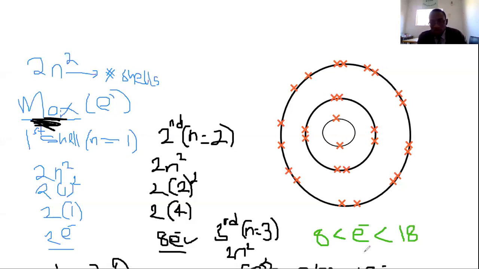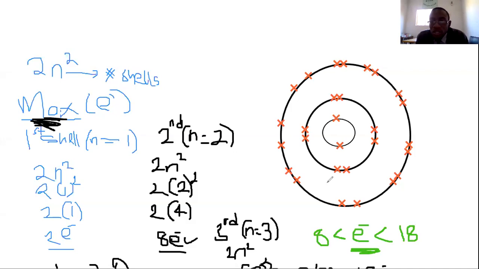What this condition basically means is that if we have electrons that are more than 8 and less than 18, then they cannot be put in the third shell.